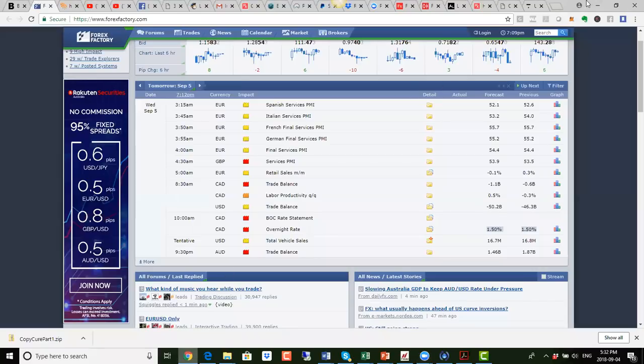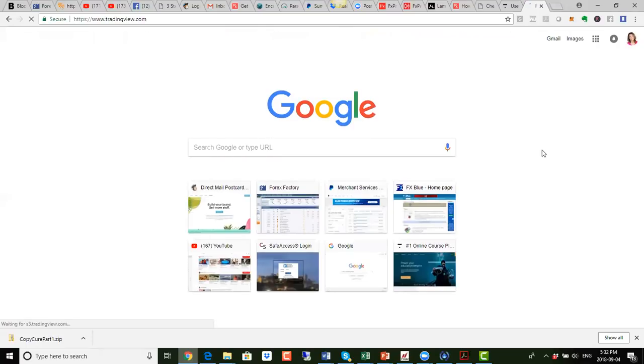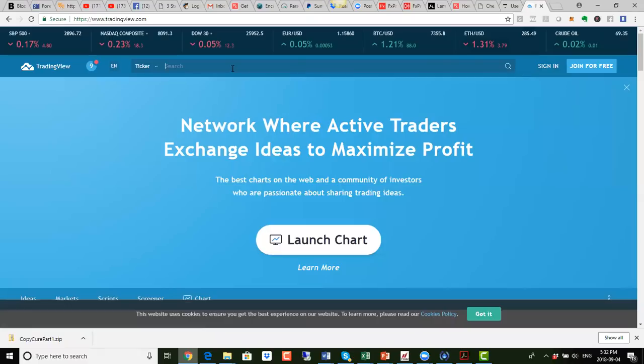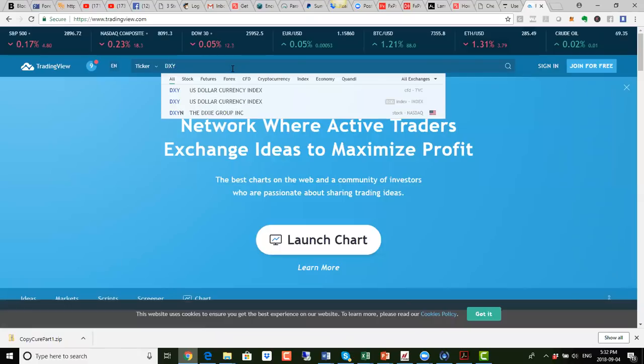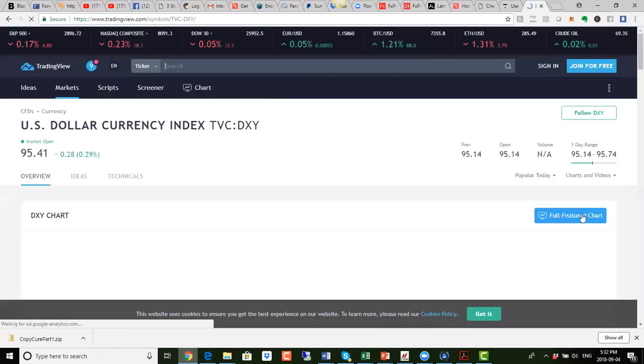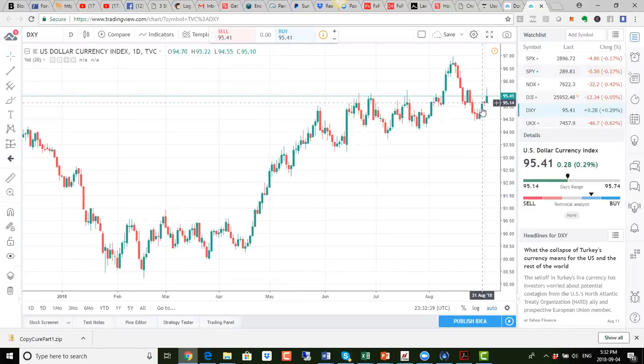Okay, so let's see if we can pull up the dollar index here. Okay, so dollar index, we came into support here and it's looking bullish at the moment.